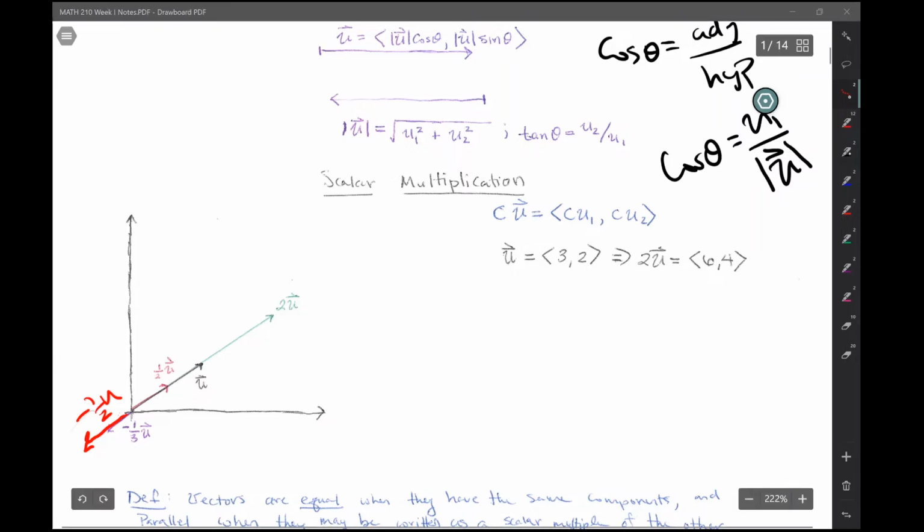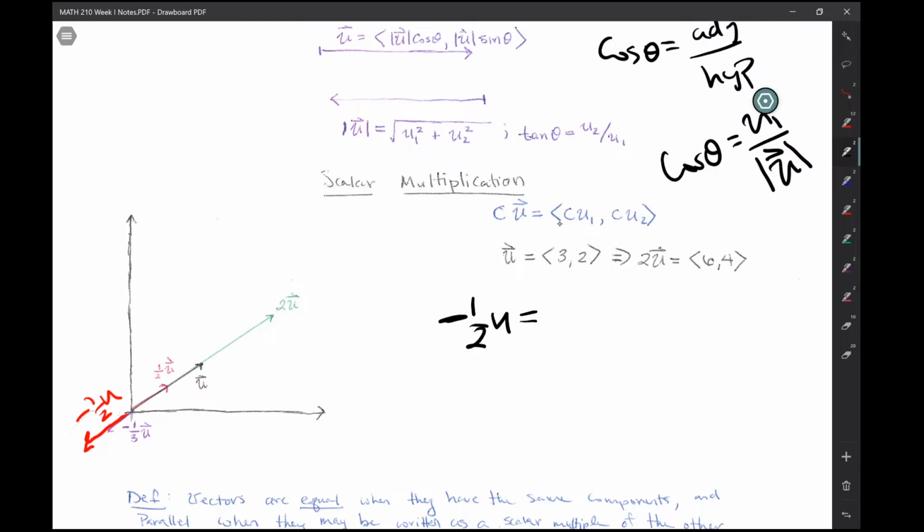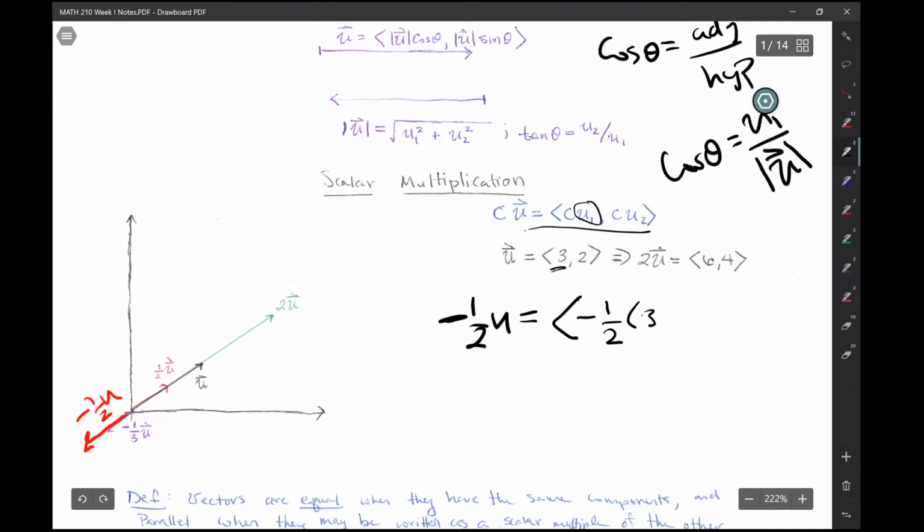So let's go ahead and actually compute what -1/2 u would look like. Well, we're going to take a look at the definition here of it. So we'll take the constant minus 1/2 and multiply it by u1. What is u1? It's 3.